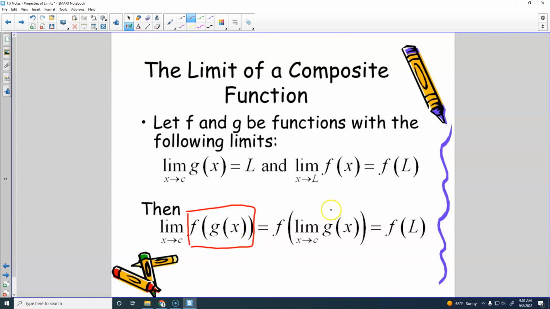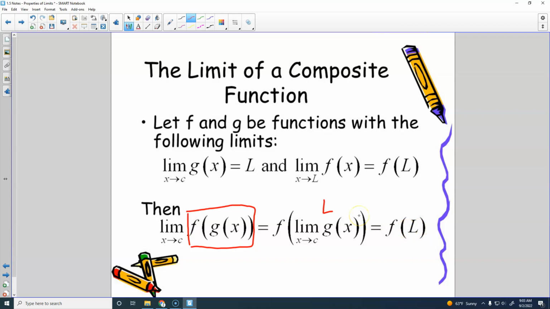So we would find the limit as x approaches c of g of x, and then, because that equals L, we can do the limit as x approaches L of f of x, which is going to give us f of L there.